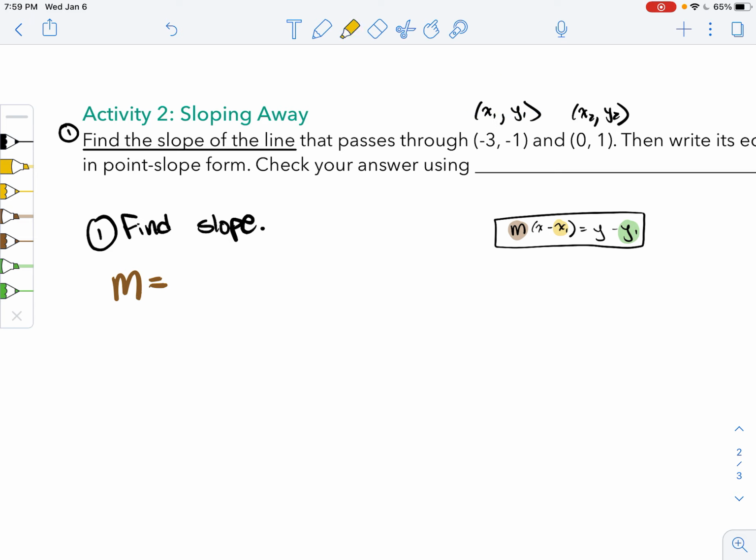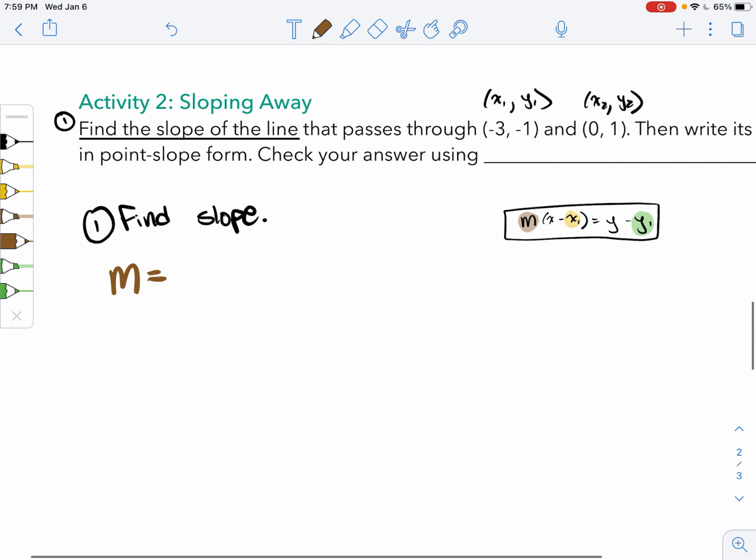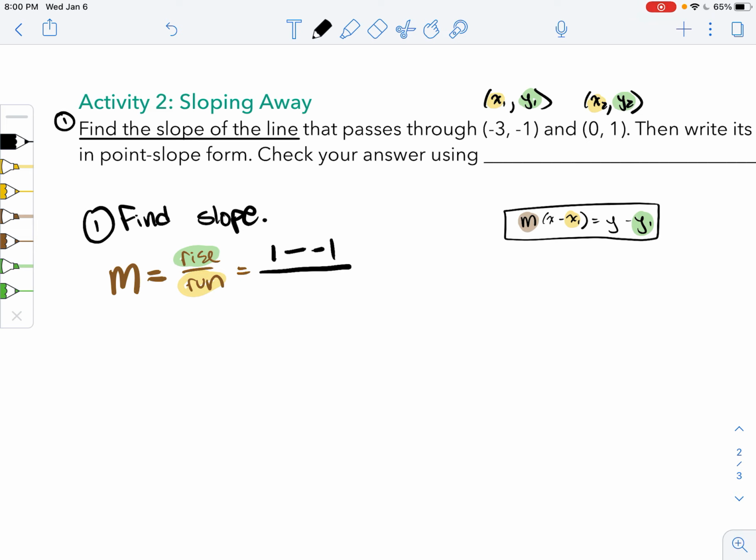Okay. So for the formula of slope, remember slope is rise over run, which means it's your y's over your x's. So I'm going to plug those in right away. y2 minus y1 over x2 minus x1.